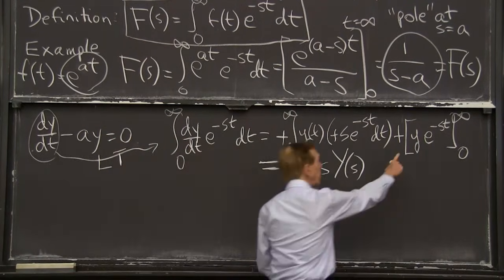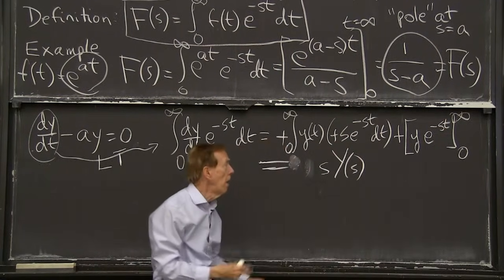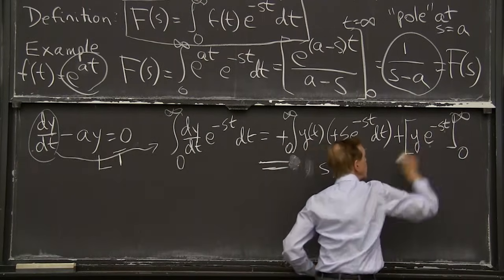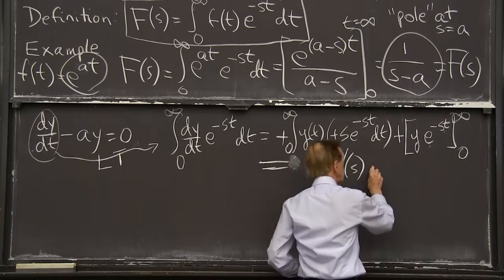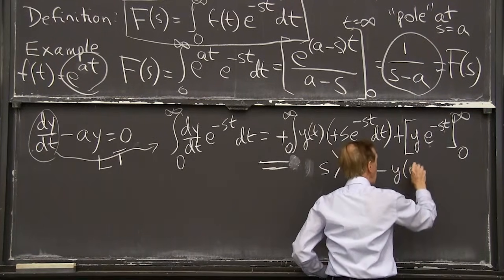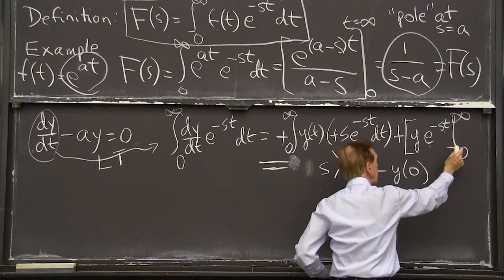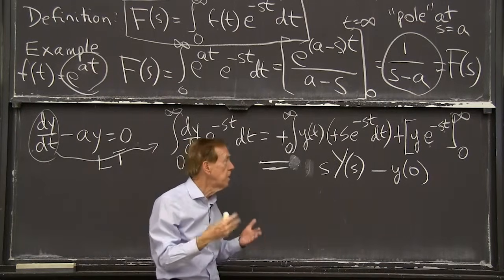But now here's a final term. y at infinity, or e to the minus st at t equal infinity, 0. Forget it. So I just have to subtract off y at 0 times e to the minus st at 0, which is 1. E to the minus 0, e to the 0 is 1.